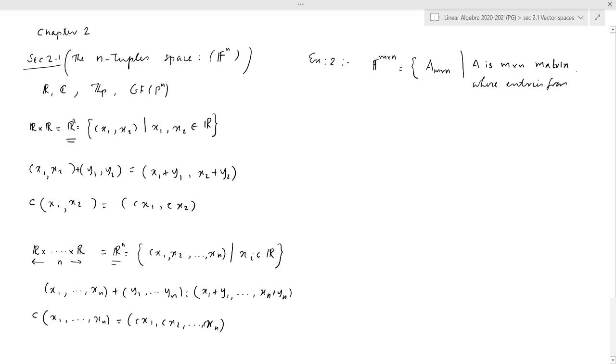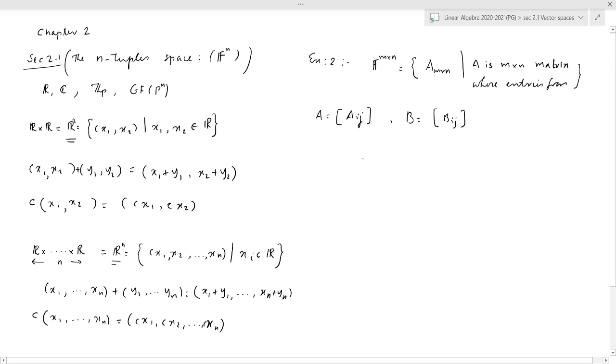This forms a vector space again, and the corresponding operations: if A is equal to the matrix aij and B is equal to the matrix bij, then the vector addition is defined as A plus B, a matrix of the same order m by n.